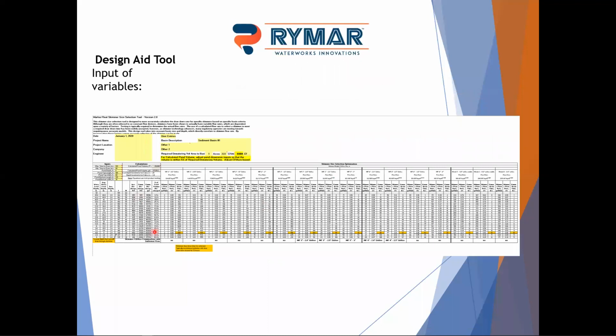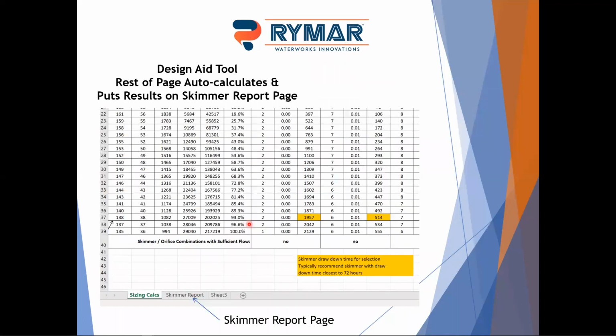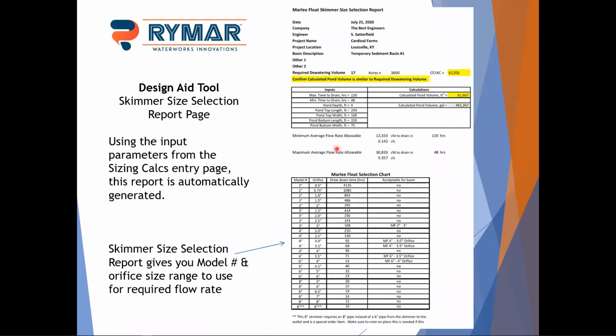So when you plug that in, and I know you can't read this chart, it'll run calculations for all of our skimmers and all of our orifice types. And then down at the bottom, we have a skimmer report page tab. If you go down to that report page tab and click on it, it'll bring you to a one-page printout. It'll give you all of your information and tell you what skimmers, based on your criteria, would work for that pond.